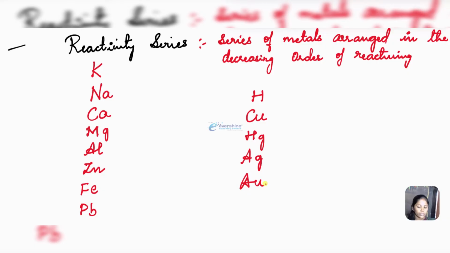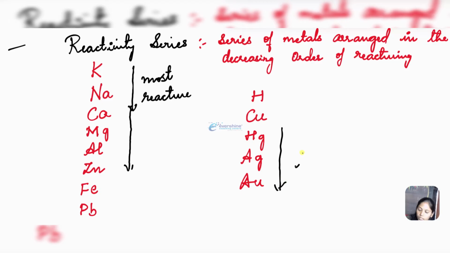See, the first ones are potassium and sodium and calcium. What is their reactivity? They are the most reactive elements. Which are the most reactive elements? Sodium, potassium, calcium, magnesium, aluminium, all these are most reactive. When you come to the middle of the metals in the series, the reactivity decreases, and finally if you go down, they become least reactive.